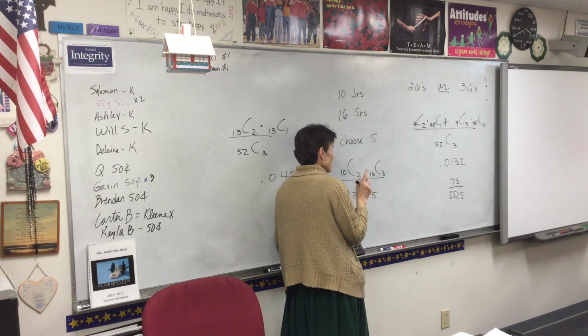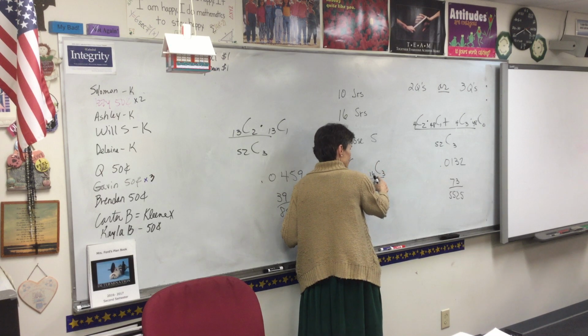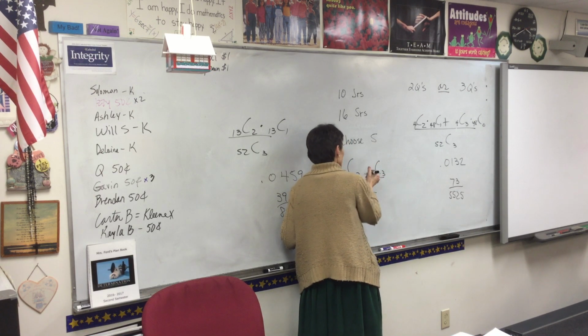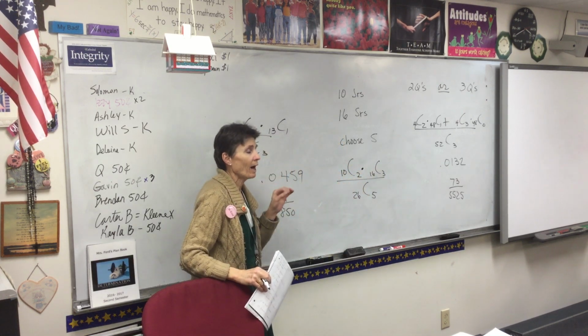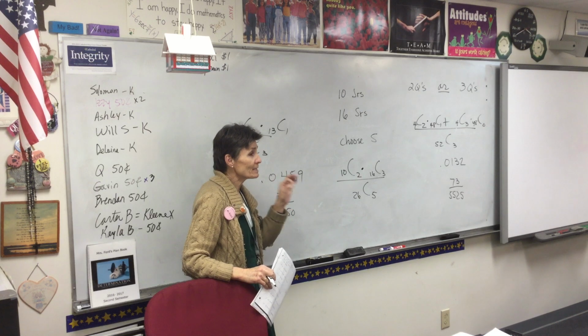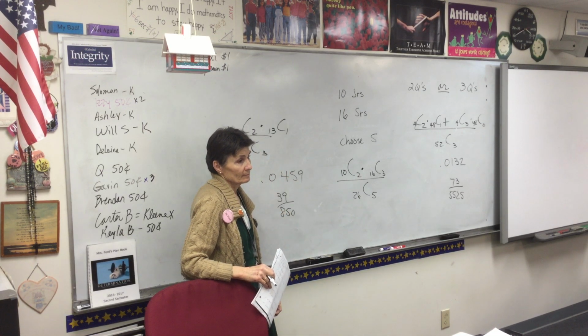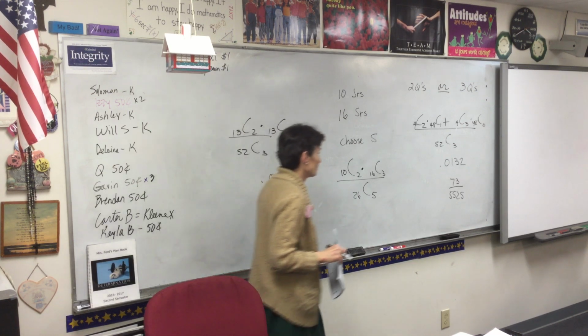Now, since I'm picking 2 and 3, what will I do with these 2 numbers? Multiply them. Because every time it's an and, we multiply. I don't know how to make people remember it. Every time it's an and, we multiply.